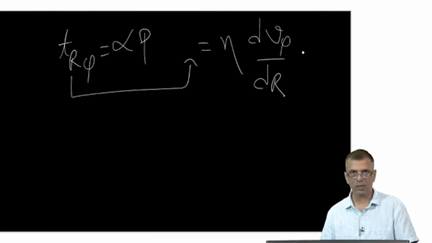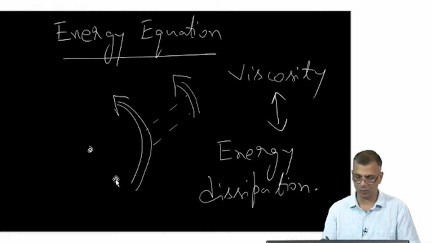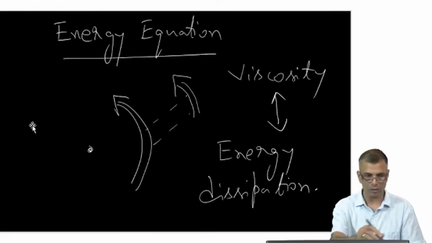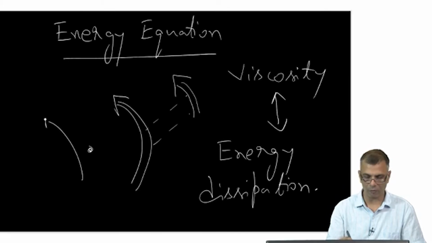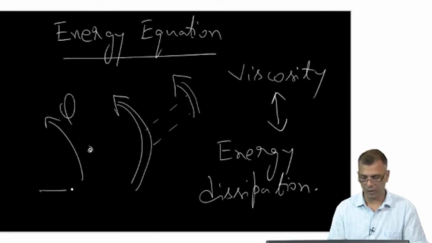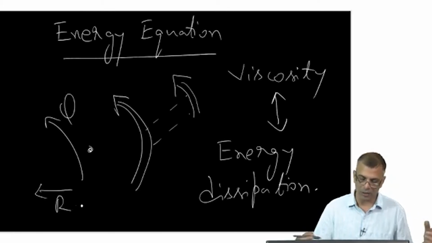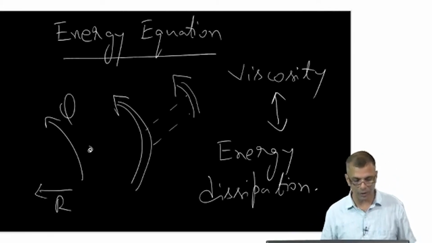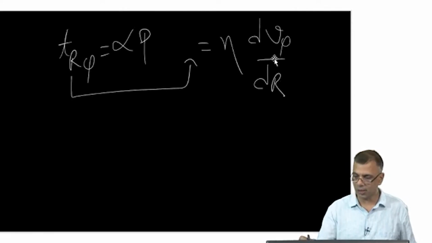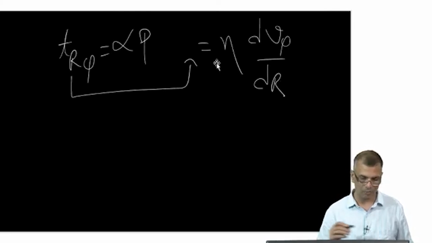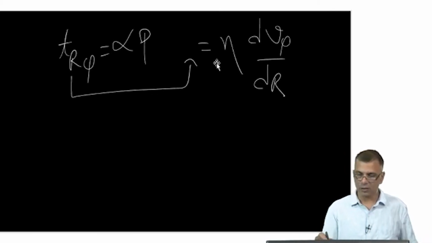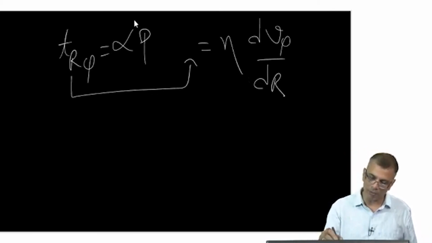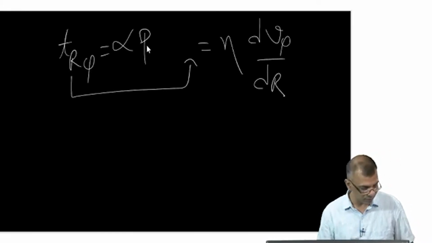So, it's like this, there is a dV phi, this would be the phi direction and this would be the r direction, and so there is an r directed gradient of the phi component of the velocity, and that is exactly how this is written. So, this is the basic definition and we parameterized it as alpha p, isn't it?